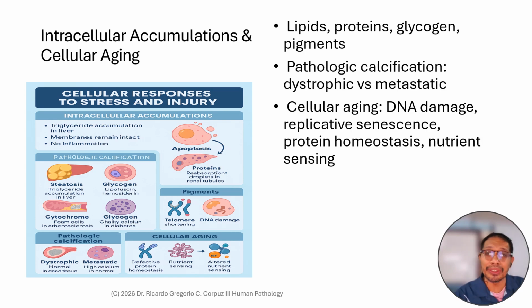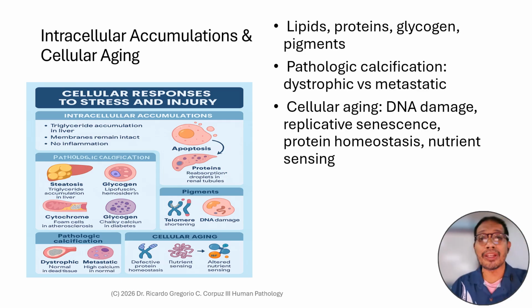And finally, altered nutrient sensing, particularly through pathways involving IGF-1 and sirtuins. Reduced IGF-1 signaling and increased sirtuin activity have been linked to enhanced longevity in model organisms, largely through improved metabolic efficiency and DNA repair.